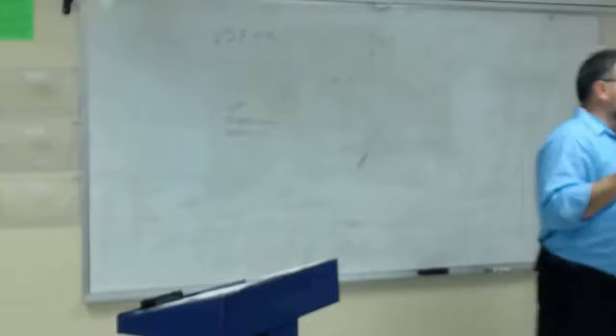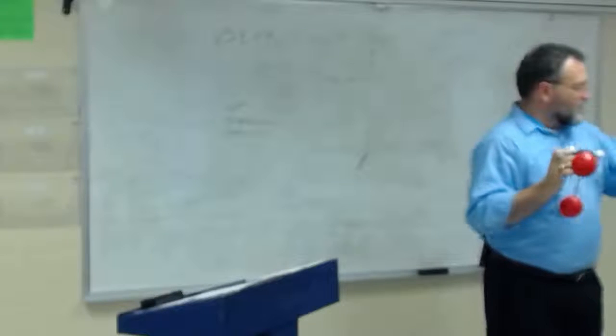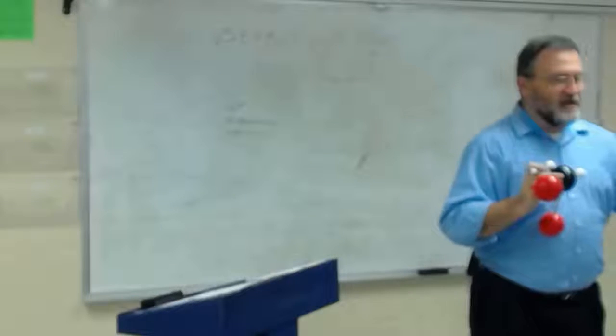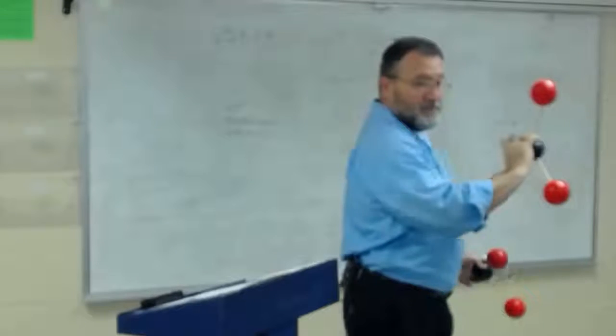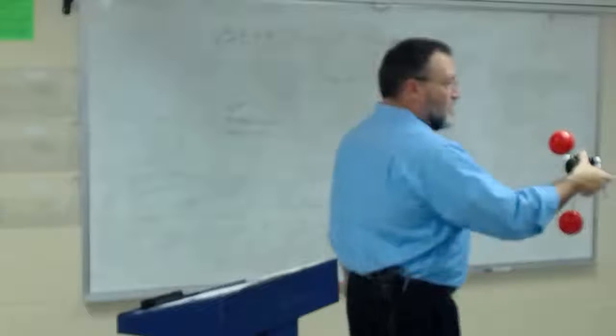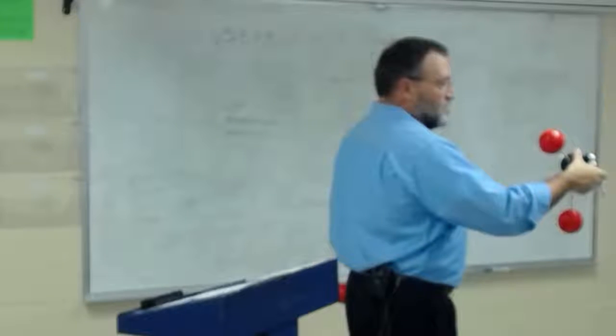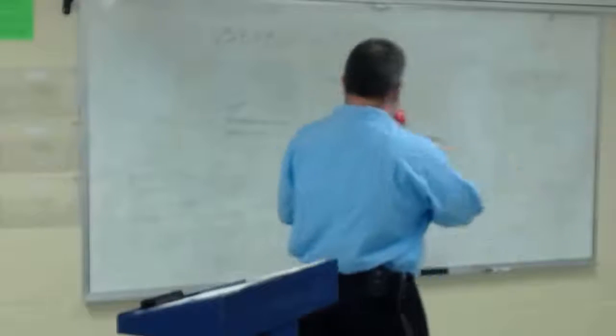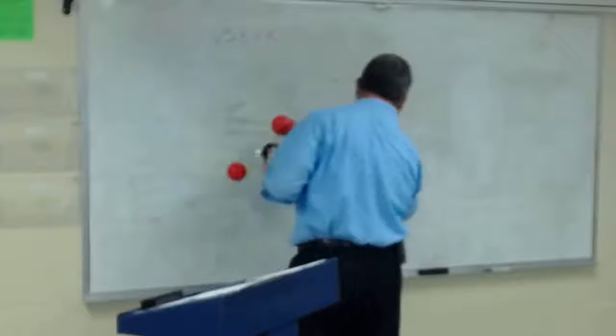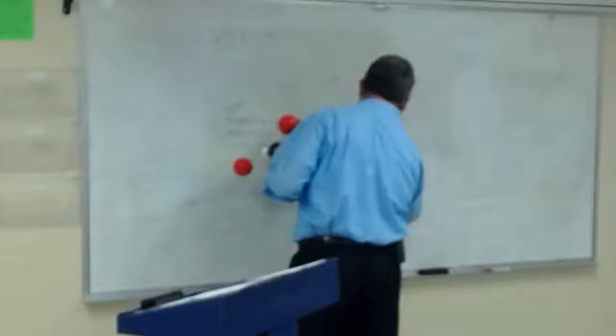So the bond angle here is 105 degrees. Doesn't sound like a lot, but it really matters. Okay? We've gone from a tetrahedron where the angle is 109 to a pyramidal where the angle is 107 to a bent, which is called a bent molecule, at 105 degrees. So the bond angle between these 2 bonds here is 105 degrees.